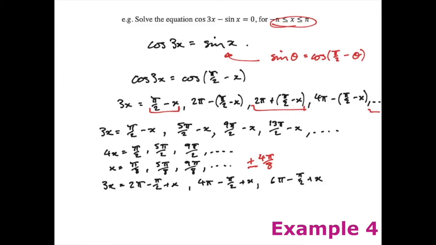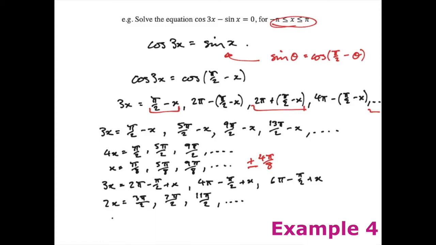So if I subtract x from everything, I get 2x, and let's group our terms here. So this will be 3 pi on 2. The next one will be 7 pi on 2, 11 pi on 2, dot, dot, dot. Hopefully you can see the pattern there.